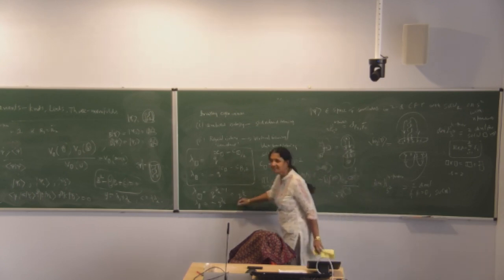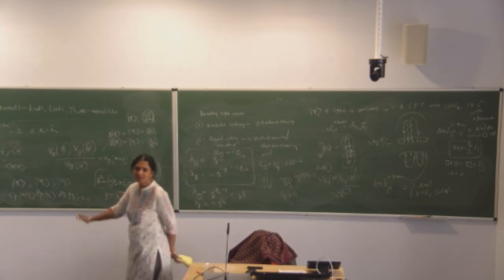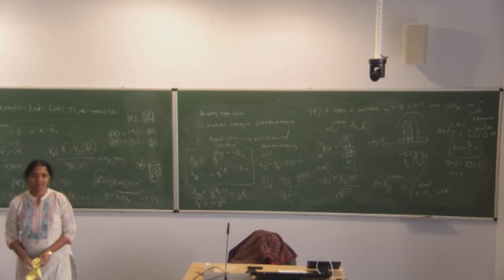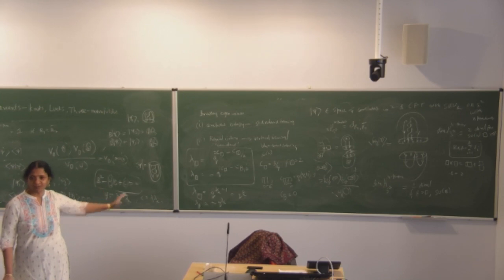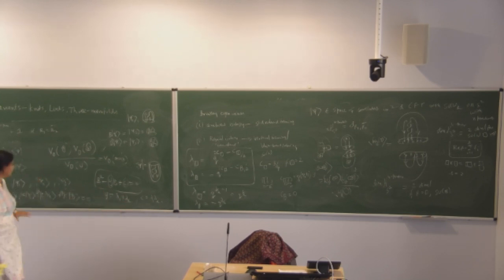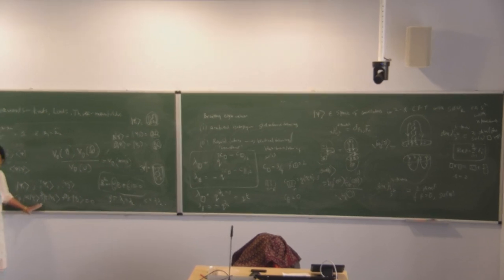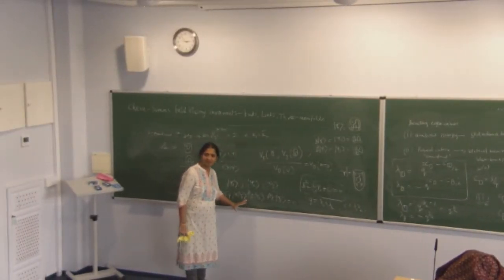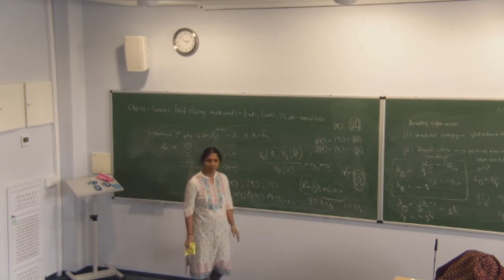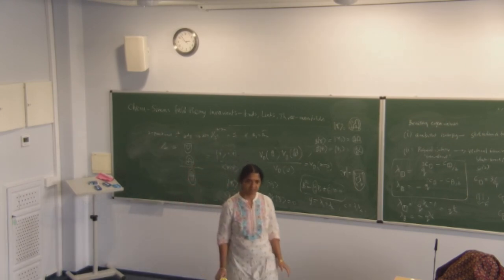So plug these things in, remove the overall scaling factor, take the sum of the eigenvalues and the product of the eigenvalues, and then you will end up getting the skein relation, which is what Jones wrote for the fundamental representation.